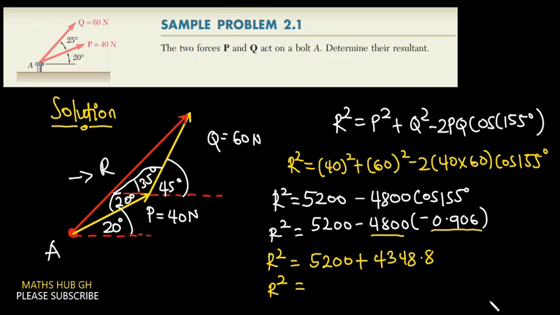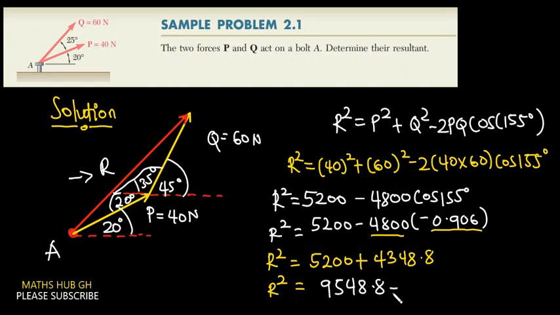Let's add these two values and see what you're going to get. We have 5200 plus 4348.8. That'll give us a value of 9548.8. Then we have to take the square root of this value.